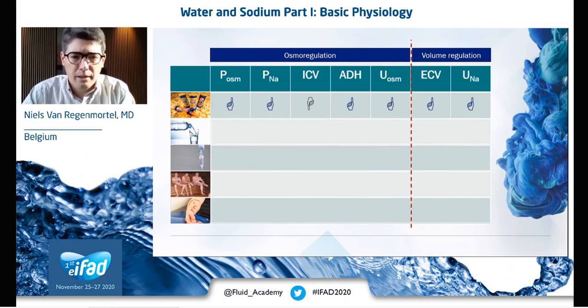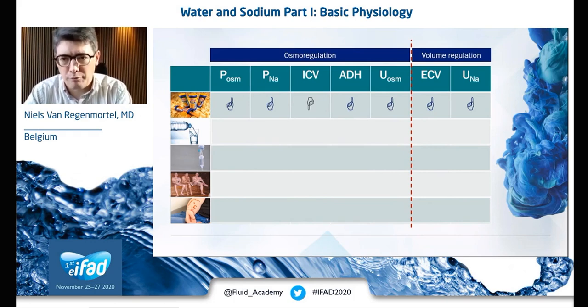This will make intracellular volume decrease a little bit, and the increased plasma osmolality will cause ADH to kick in. Vasopressin will be secreted, and we have an increased urinary osmolality. This is osmoregulation just by the addition of sodium.